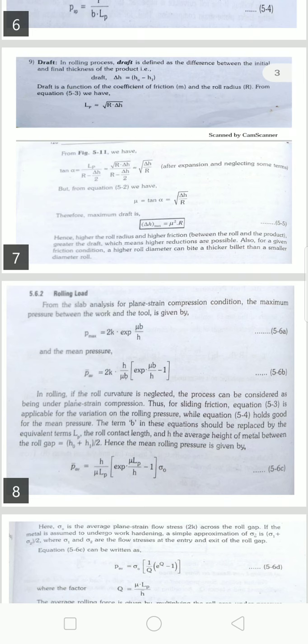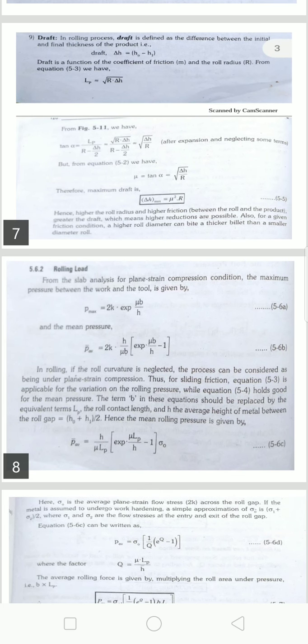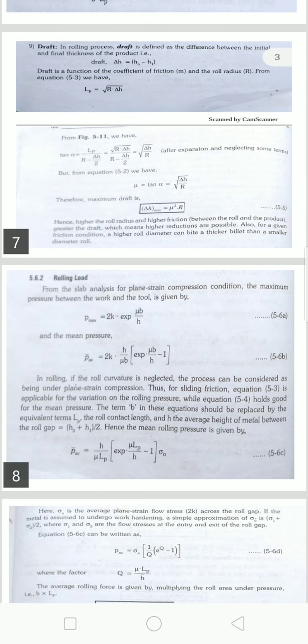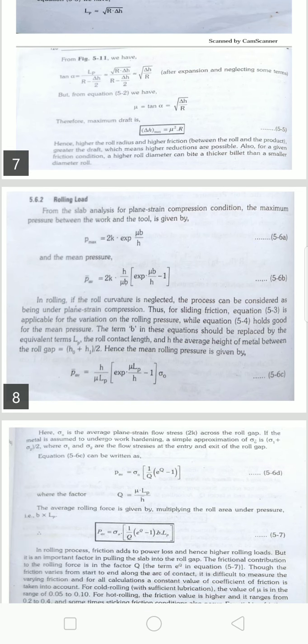In rolling, if the roll curvature is neglected, the process can be considered as being under plane strain compression. Thus for sliding friction, equation 5.3, that is the projected length of arc of contact, is applicable for the variation of the rolling pressure, while equation 5.4 holds good for the mean pressure.